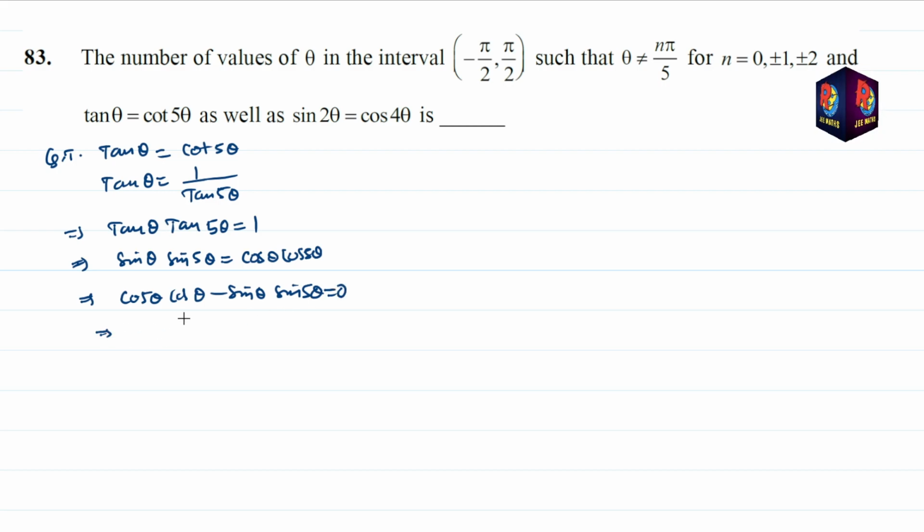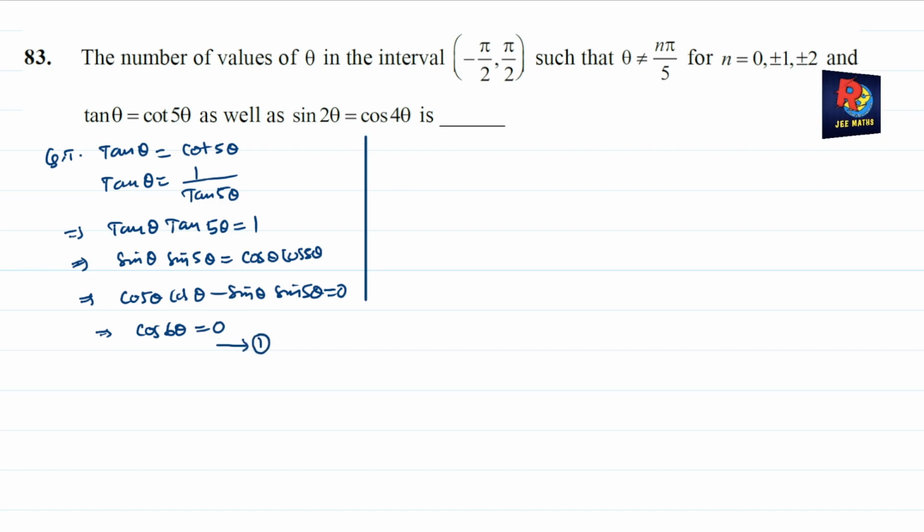This is nothing but cos A cos B minus sin A sin B, which is cos of A plus B. So cos 6 theta equals 0. Let us assume that this is equation 1.